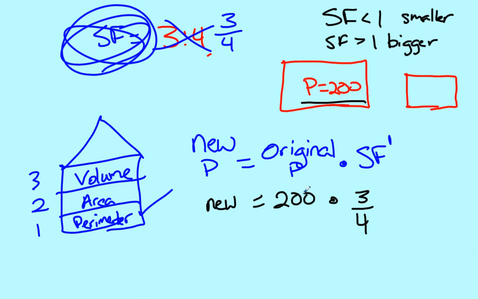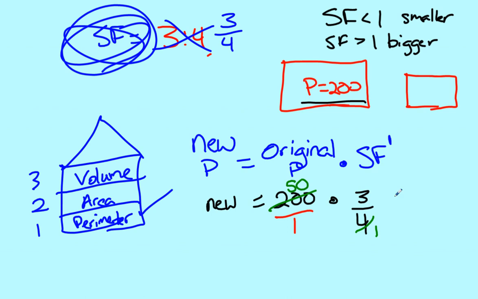Then this is super straightforward. We just have to multiply across. We can turn 200 into a fraction and then simplify 200 over 4. I can divide both of these by 4 and get 1 over here and 50 down there.